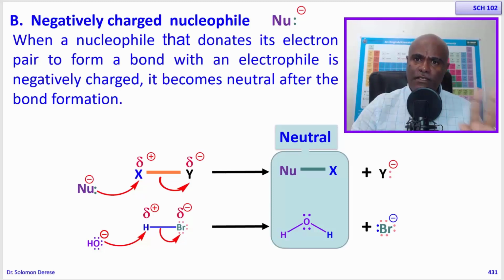If it's a negatively charged nucleophile, after it has formed a bond with the electrophile, it becomes neutral. But if the nucleophile is neutral, it does not have additional electrons, when it forms a bond with an electrophile, in the product, that nucleophilic atom will have a positive charge. That's what we should know.